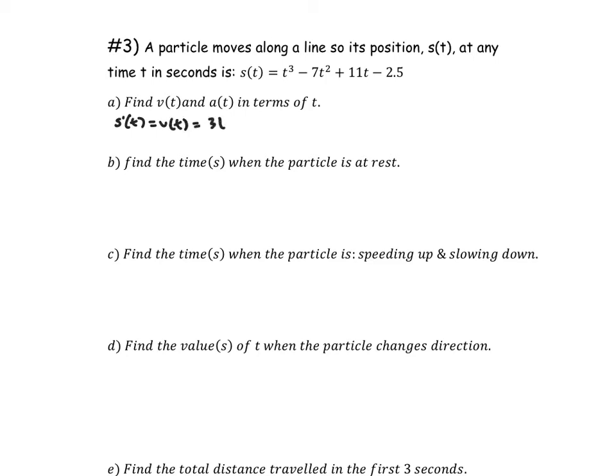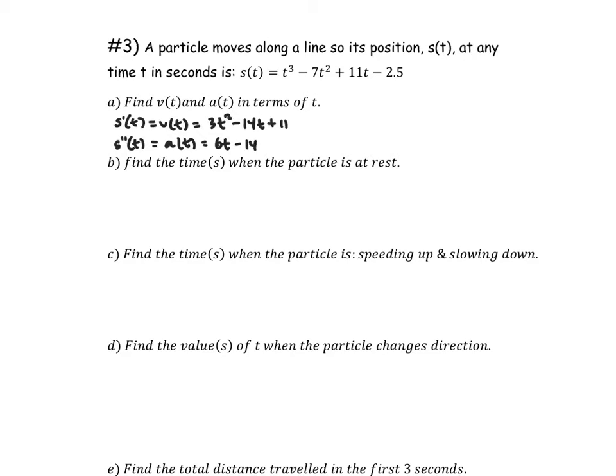So we get 3t squared minus 14t plus 11 for the velocity function, and the acceleration function, which is s double prime of t, will be 6t minus 14.